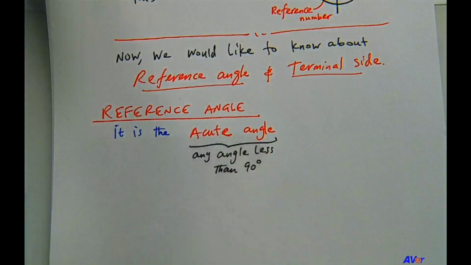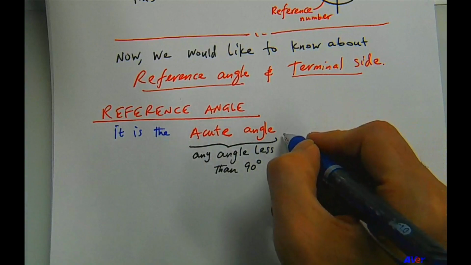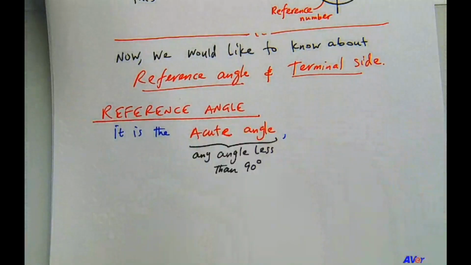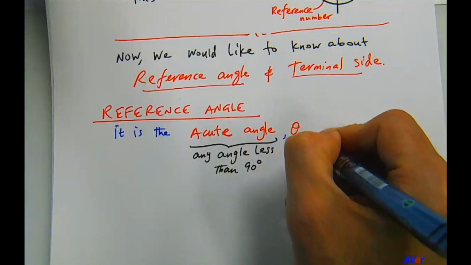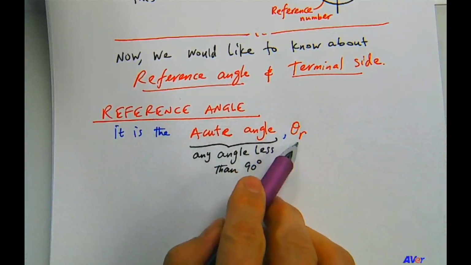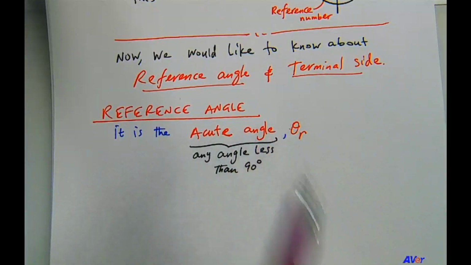So it is the acute angle. Let's call it theta r. Theta r. So reference angle. Theta for angle and r for reference. Theta r.